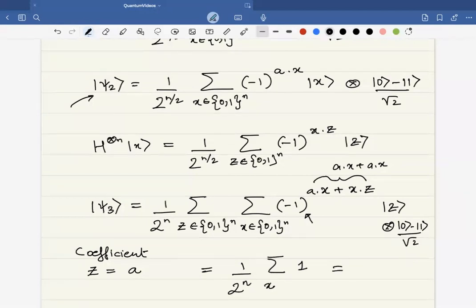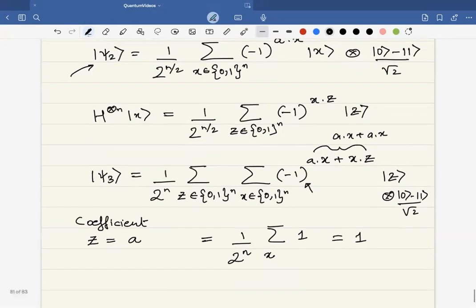So this will be equal to 1. So the probability amplitude when z is equal to a is 1. Therefore, when you measure, the only answer that you can get is a, because the whole probability is concentrated at a, and there is zero probability of getting any other answer.